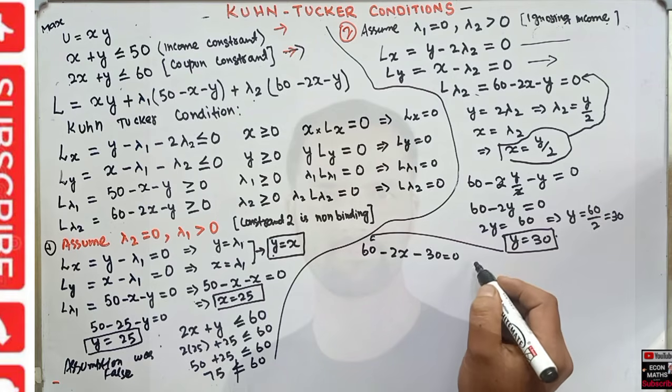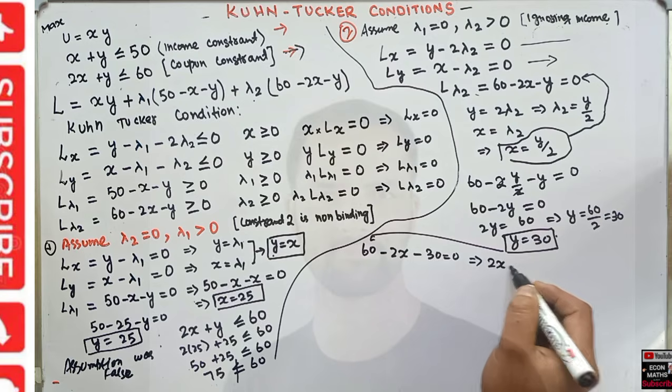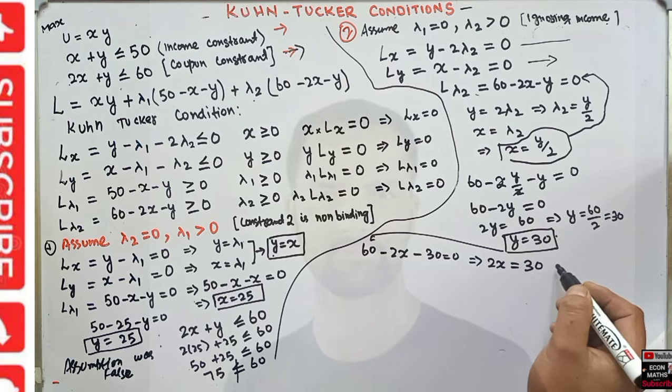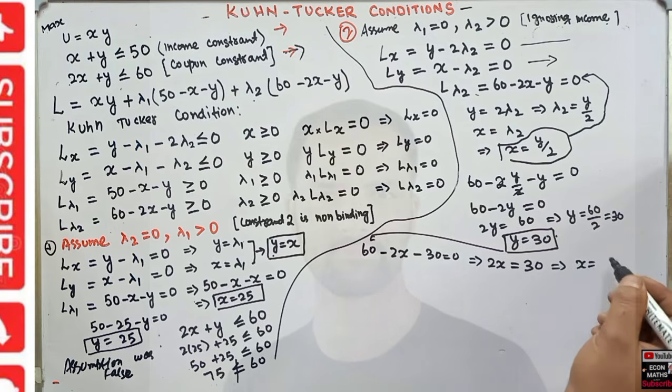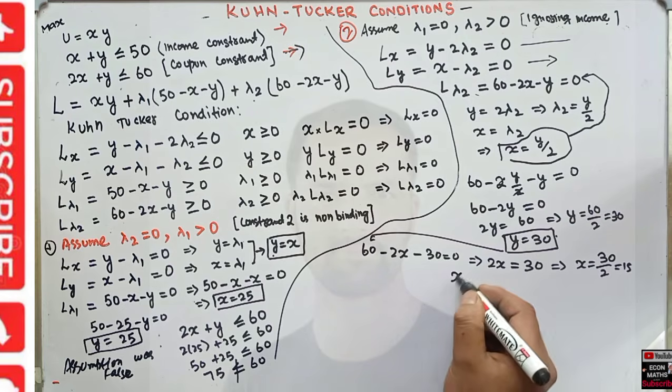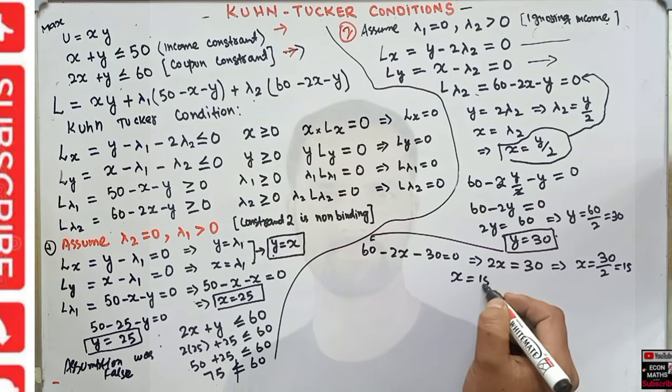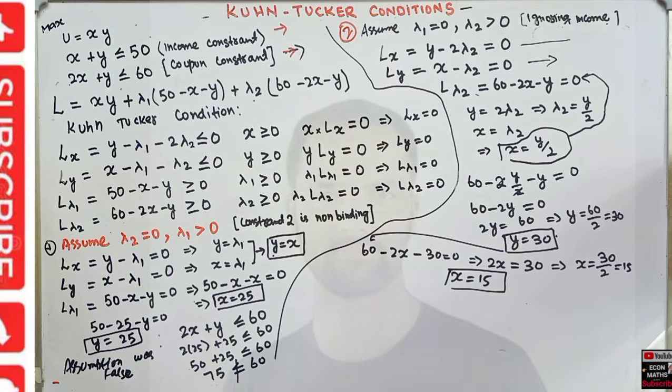If we transpose this, 2x is equal to 30, which implies x is equal to 30 upon 2, which gives us 15. So the optimal value of x is 15. So we got two values here, the optimal conditions, that is x is equal to 15, y is equal to 30.